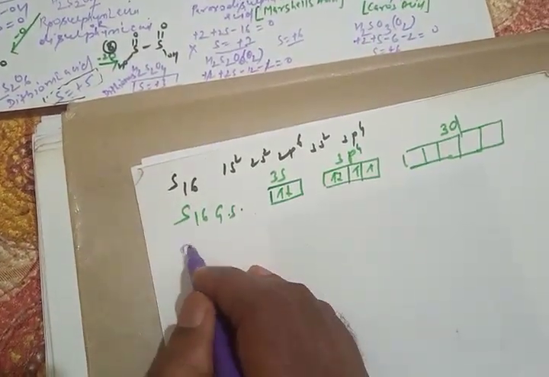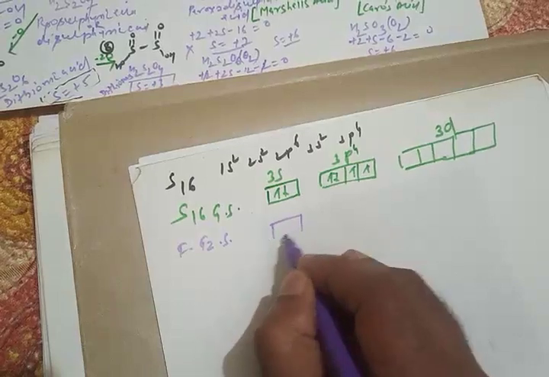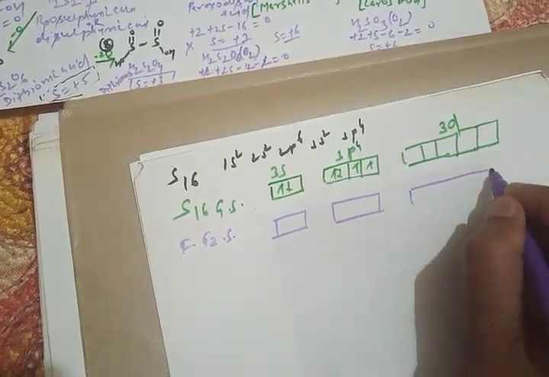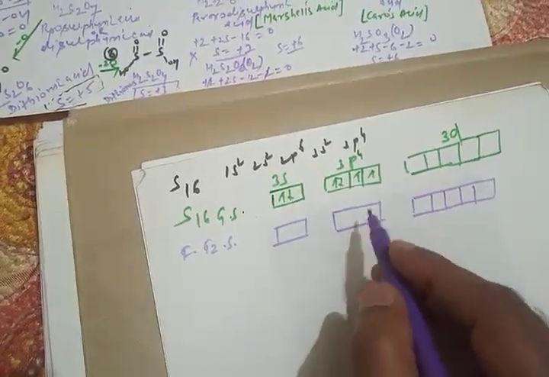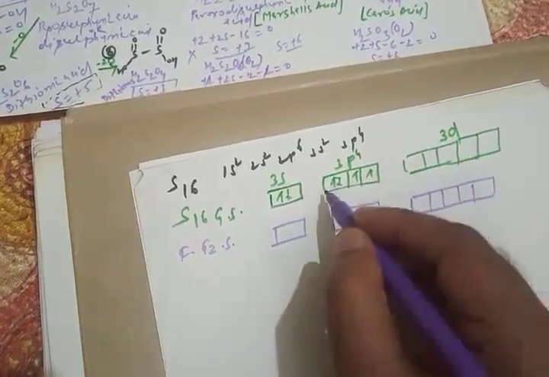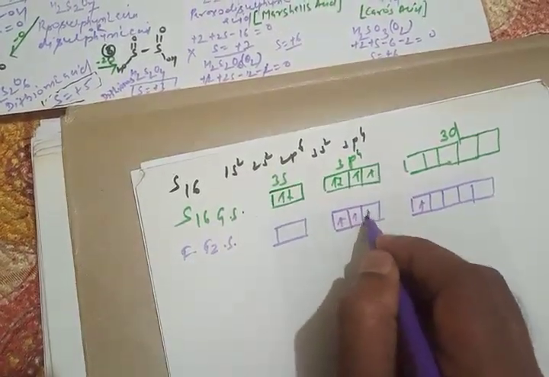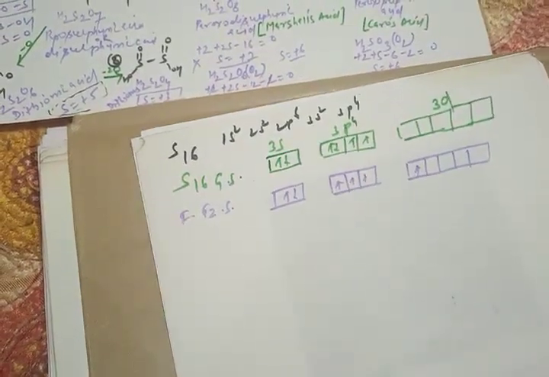Then we will go for the first excited state. What will happen in the first excited state? One of the electrons from p will jump to d here. So this is the first excited state.